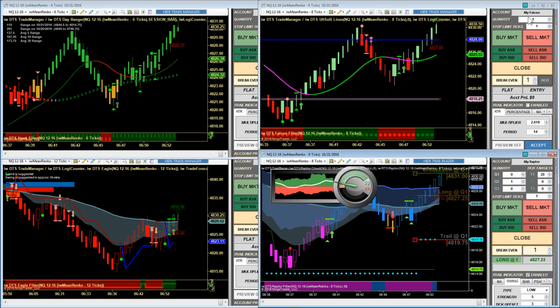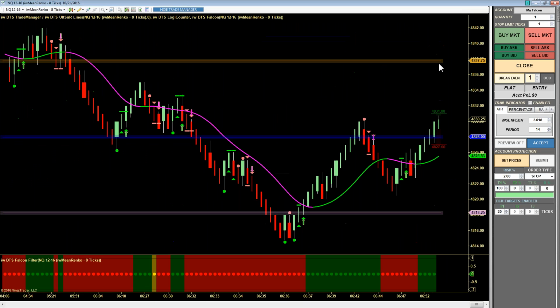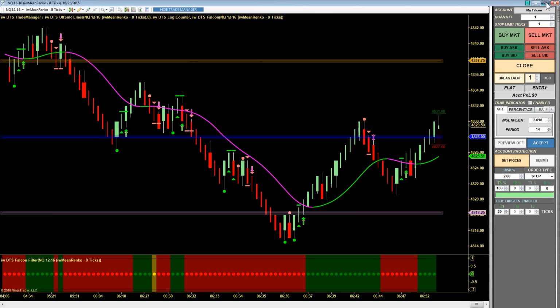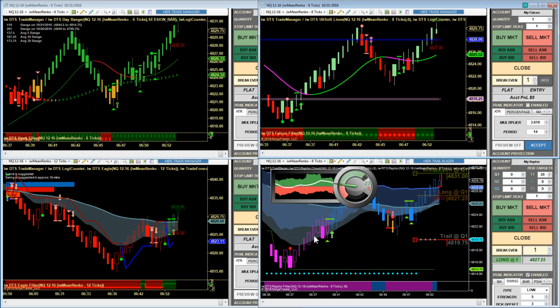Where is my next line? Okay, so the median line is going to be here at 48.37 3/4, essentially 48.38, and the primary resistance at 48.47 1/2. That would re-challenge yesterday's highs.